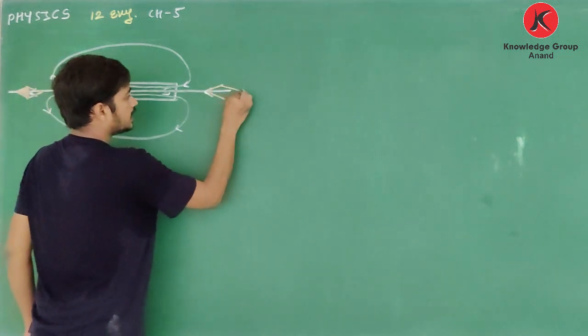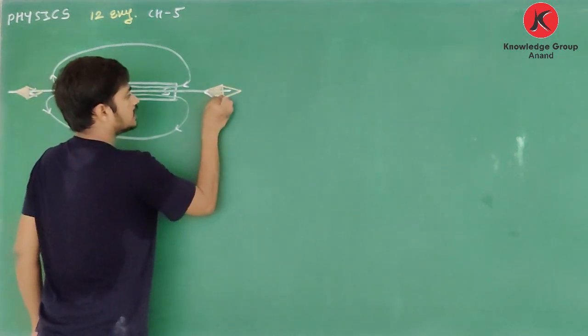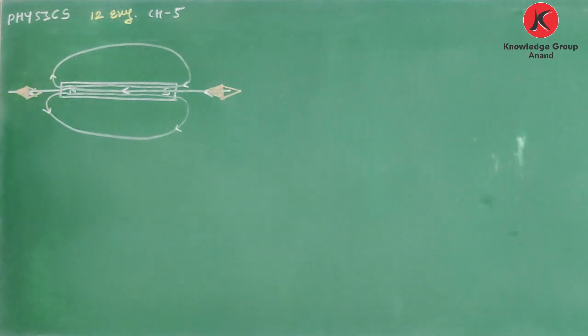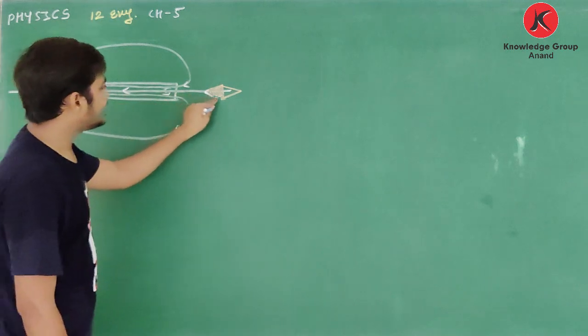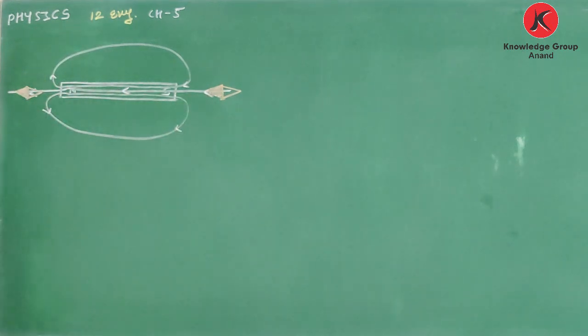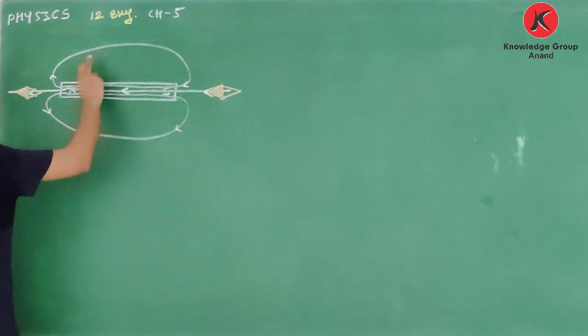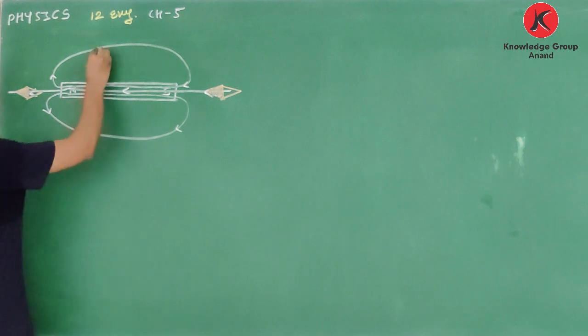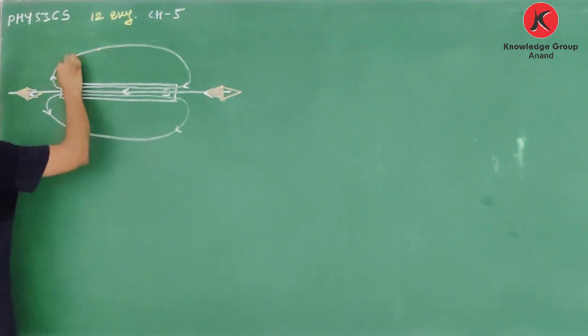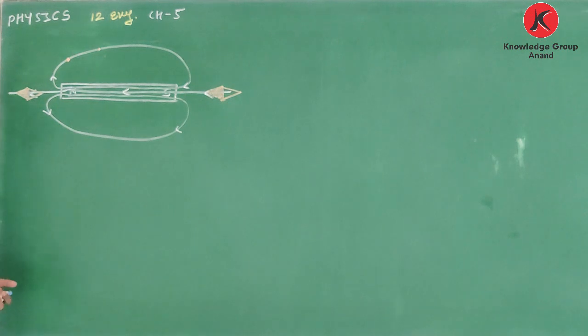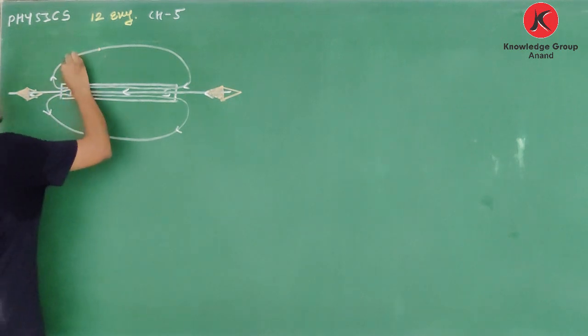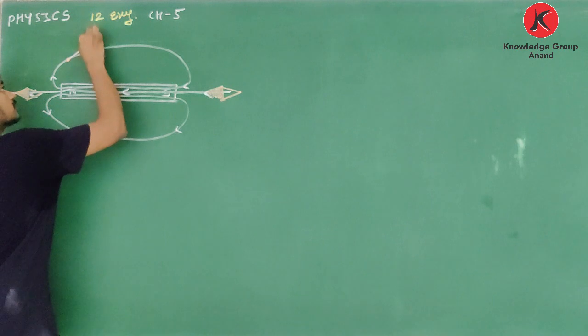So see, here it is horizontal. Yes or no? If at this point, for example, what is the direction of the magnetic field? Yes, the direction of the magnetic field is in this direction.